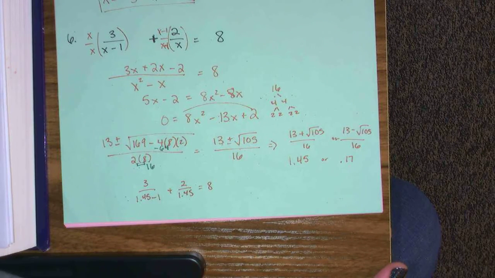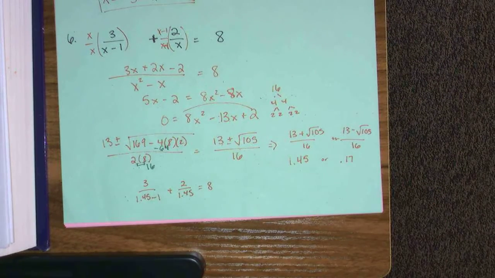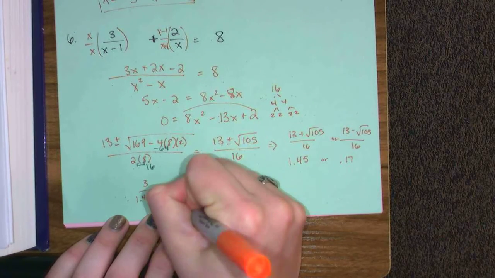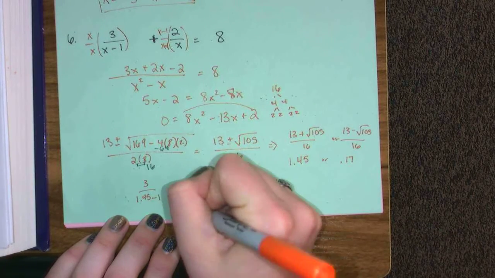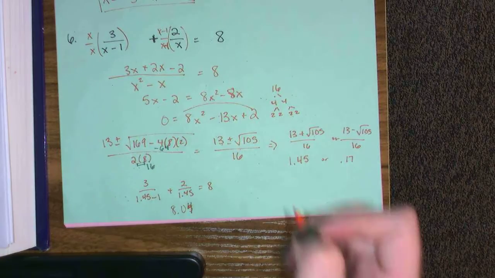I hate problems that don't come out even. Like, that really drives me crazy. We might just call that true. You said it's what, 8.0 something? I don't actually have the answer to that one handy, so I'm going to have to look it up and see. How about the other one with the 0.17?